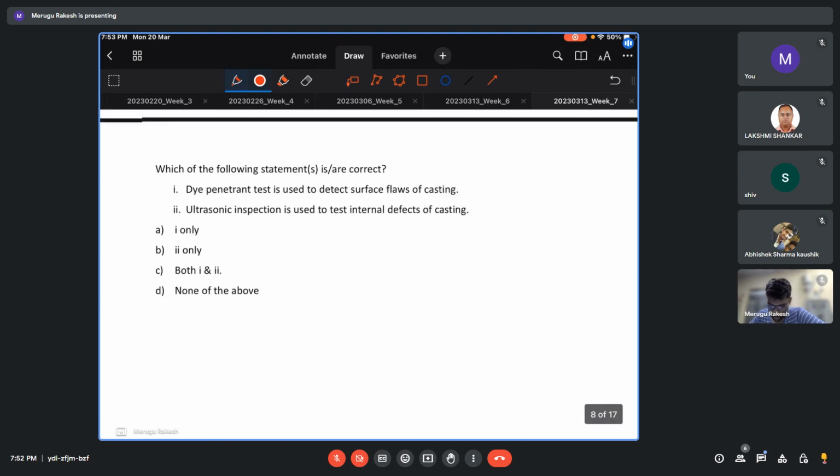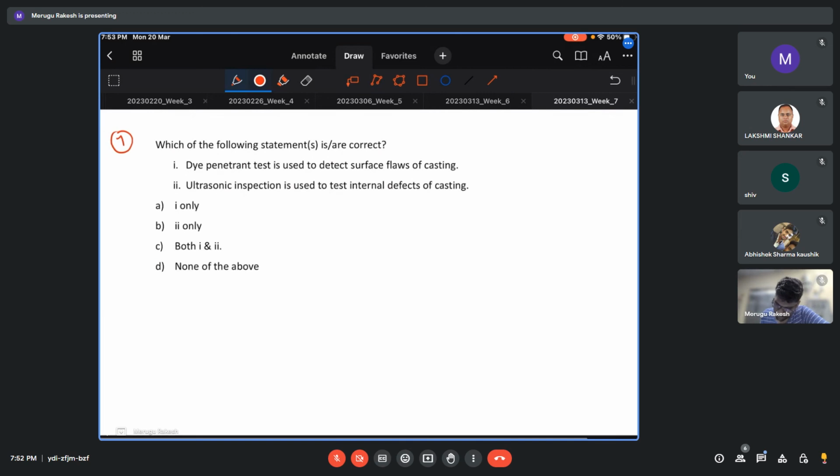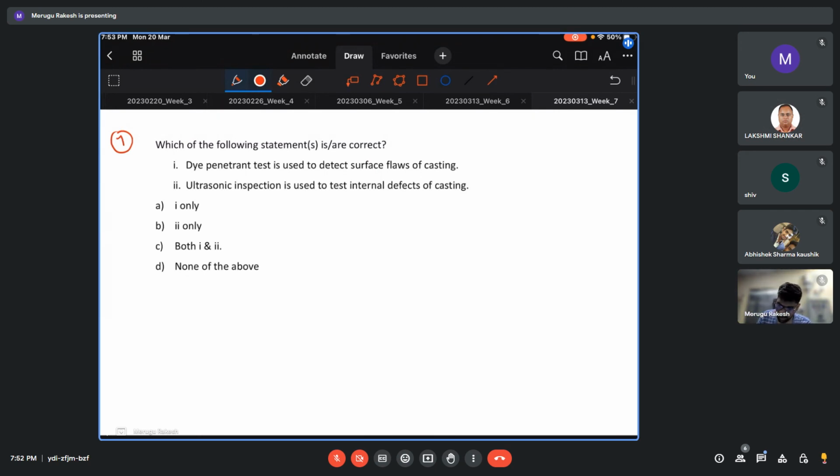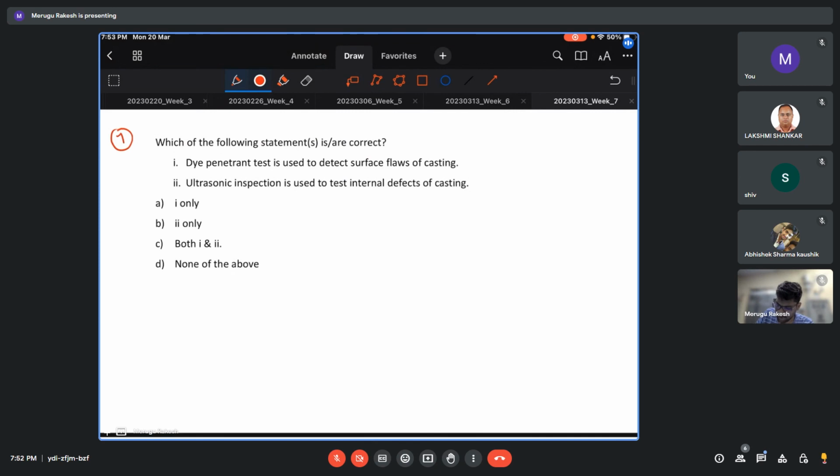Okay, let me see the other one. This is regarding testing and inspection of castings. Option C. Let me read. A dye penetration test is used to detect surface defects from the casting, which is correct. Ultrasonic inspection is used to test the internal defects of the castings.